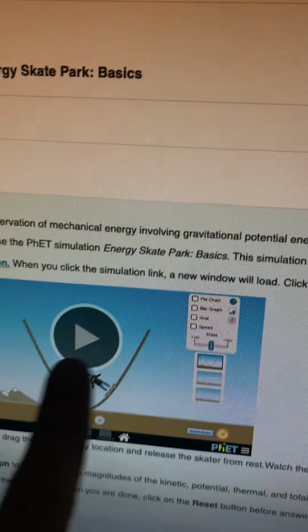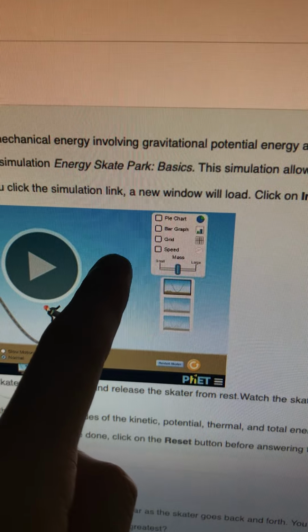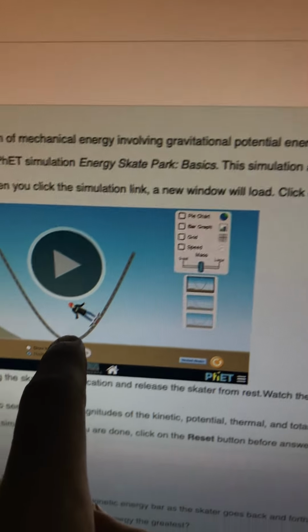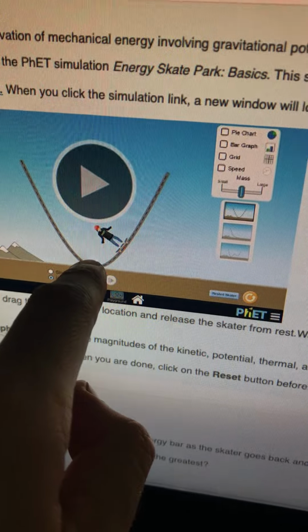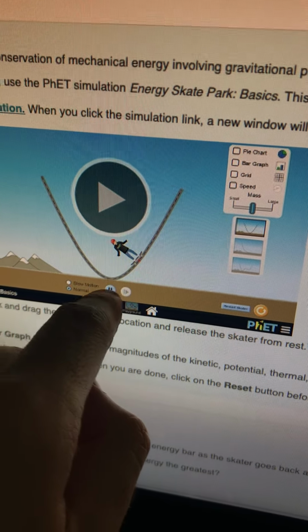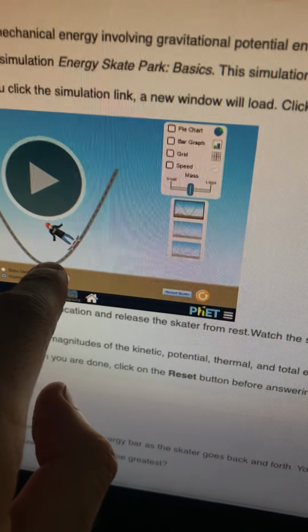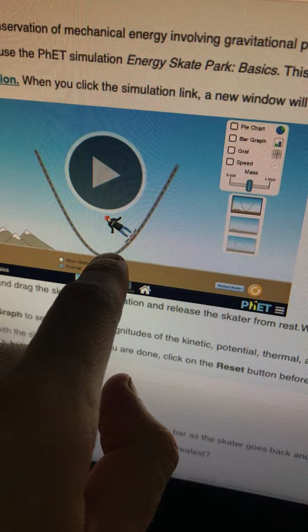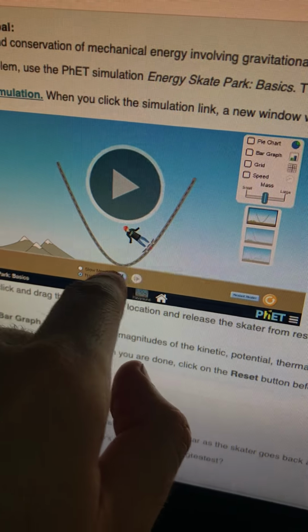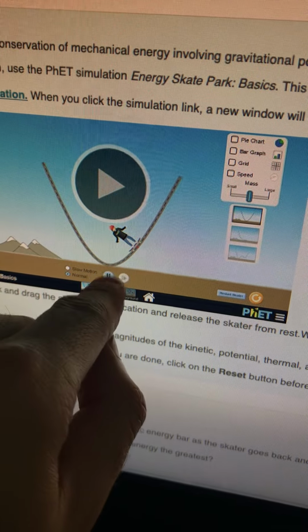So if we go back over here, kinetic energy is 0 over here, and potential energy is maximum value. Kinetic energy is maximum value, and potential energy is not exactly 0 because there's a 1 meter distance. The kinetic energy down here is the potential energy that was released minus that 1 meter difference.